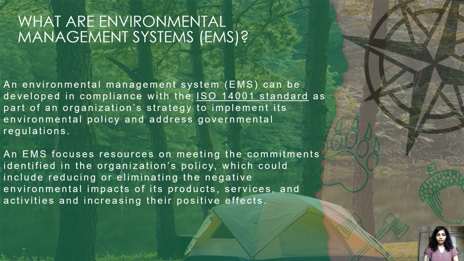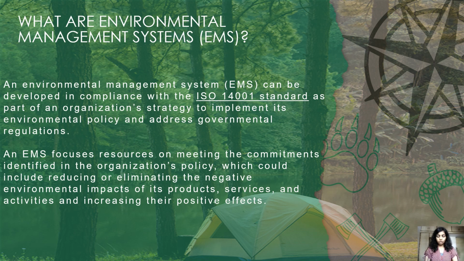What are environmental management systems? So these can be developed in compliance with the ISO 14001 standard as a part of organizations strategy to implement its environmental policy and address governmental regulations.